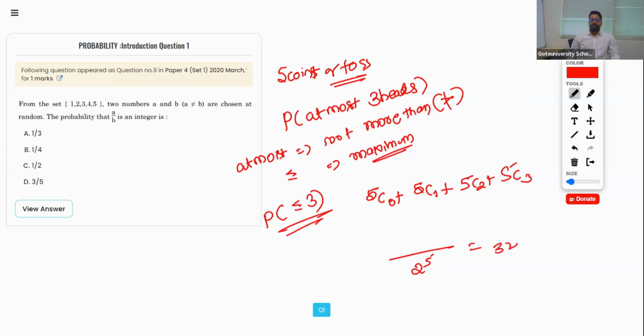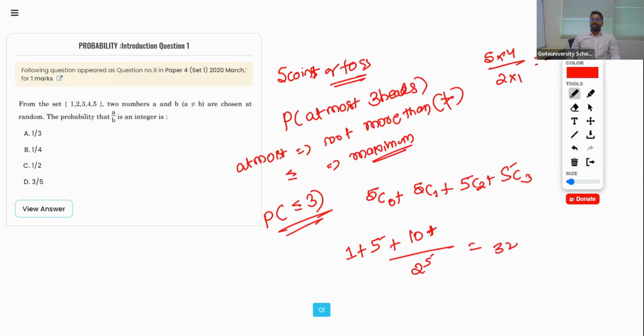The numerator is 5C0, which is 1, 5C1 is 5, 5C2 is how much? 10. So you need to remember them. We don't have to calculate this every single time. By solving multiple times, you will remember the values.